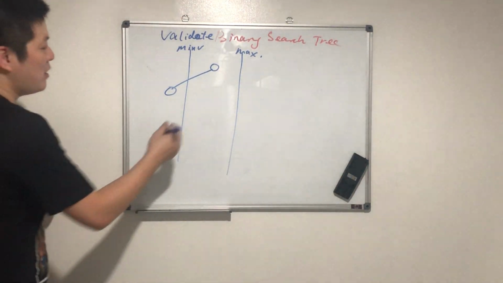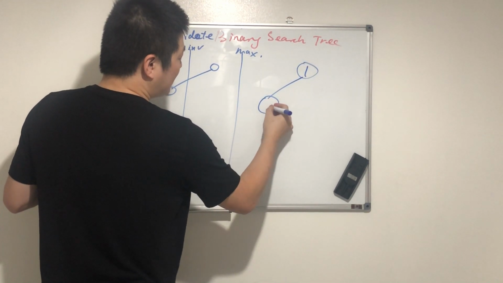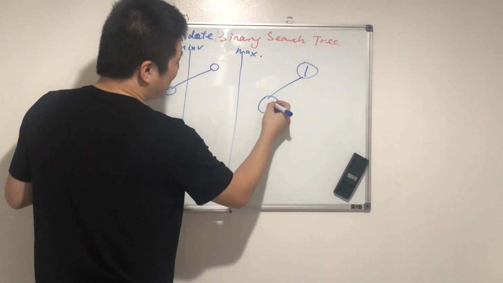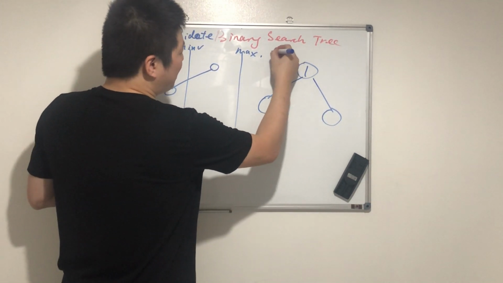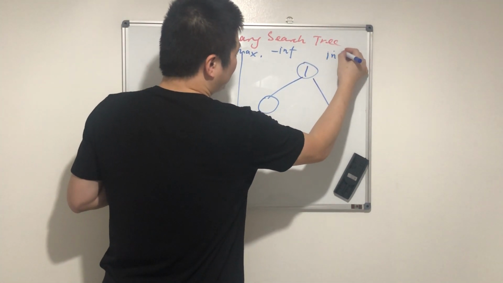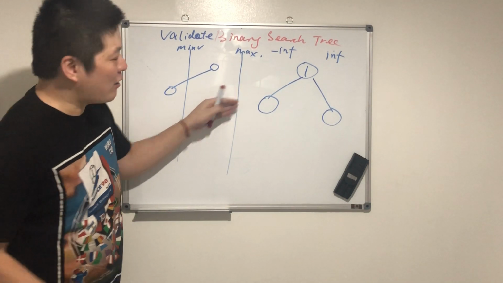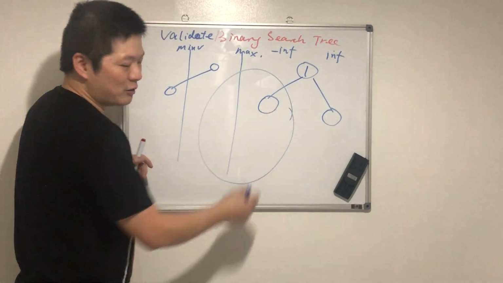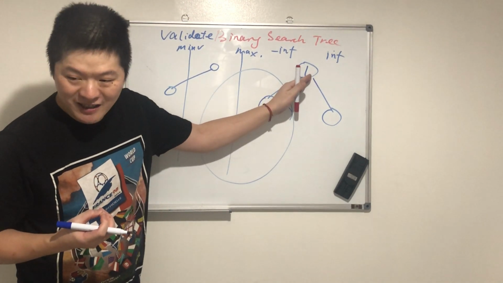Yeah, a very, very big number and a very, very small number. Okay, and then when we go, look, this is 1, and this is something, and this is something. So the beginning is minus infinity and then infinity. If we go left, all the values in the left-hand tree cannot be bigger than 1, right?